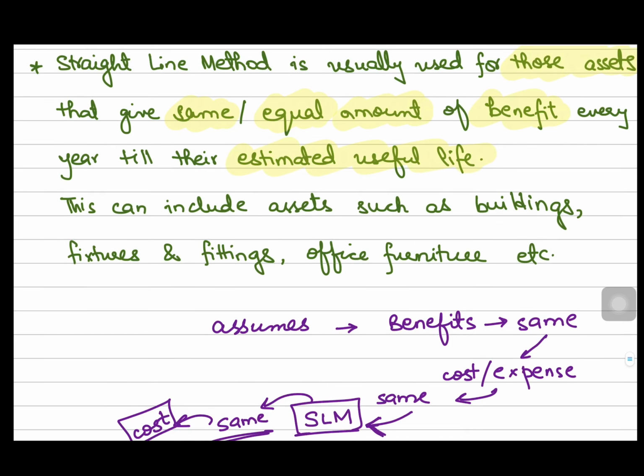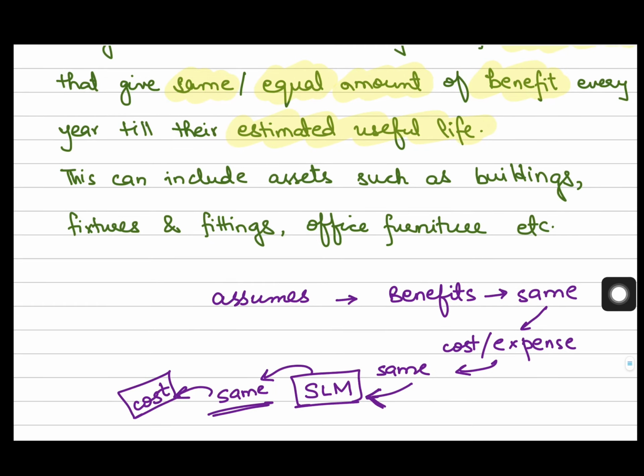So, a few examples of such assets could be buildings, fixtures and fittings, office furniture, etc. But again, if other assets are given to you in the question and the question asks you to apply straight line method, then you have to do that only, right. But these are a few of the examples on which usually straight line method is used to calculate depreciation, because these assets are expected to give the same amount of benefit every year, right.